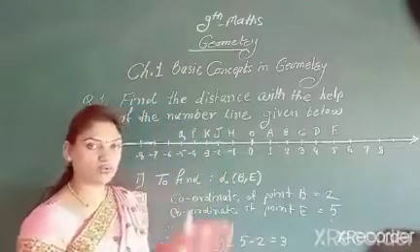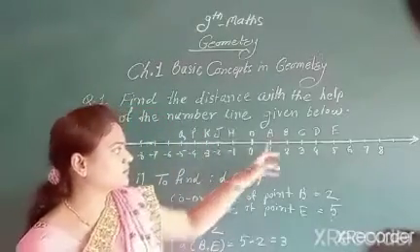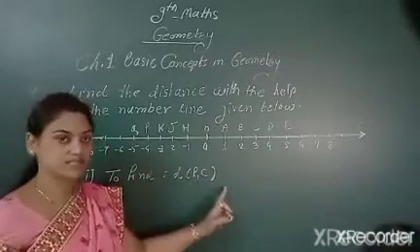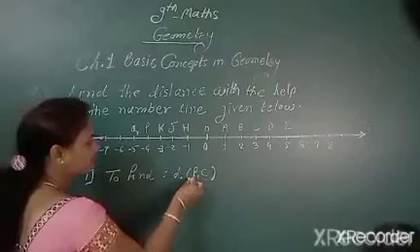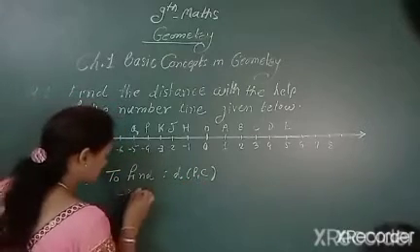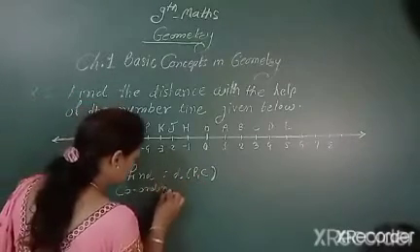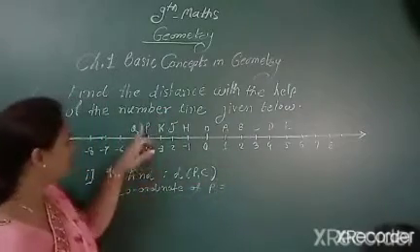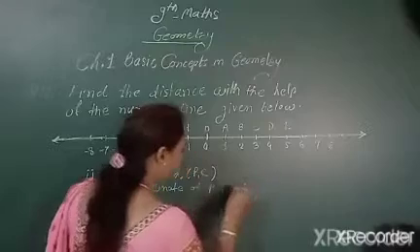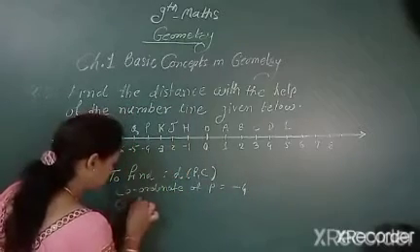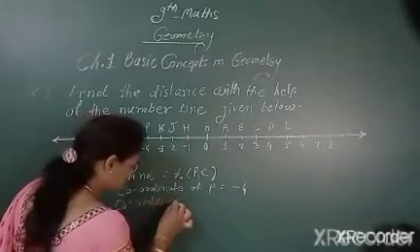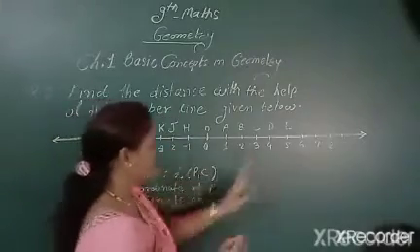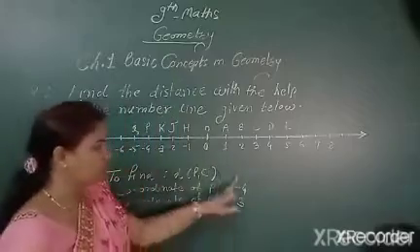Okay, did you get it? How to find the distance between 2 points. To find the distance PC: coordinate of P is minus 4. Coordinate of C is 3. Which one is the greater?